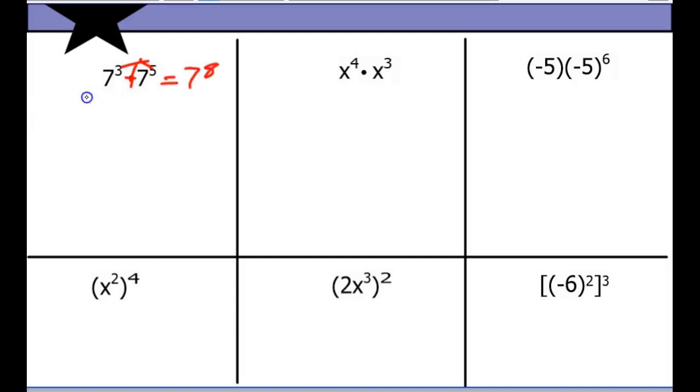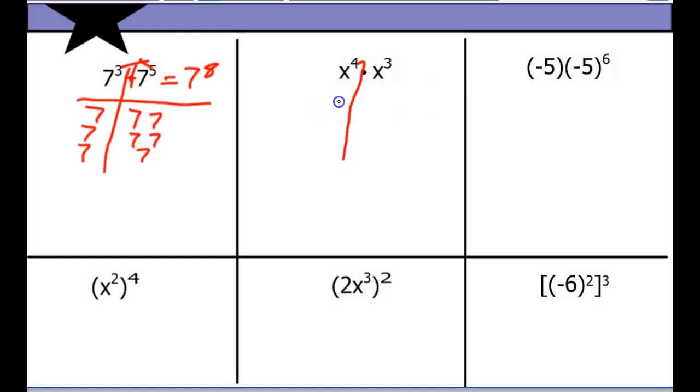Another way to do that is to make our table. This is saying we have 3 7s, so we can write 7 out 3 times. This is saying we have 5 7s, so we can write out 7 5 times. If we count them up, 1, 2, 3, 4, 5, 6, 7, 8, we have 7 to the 8th power.